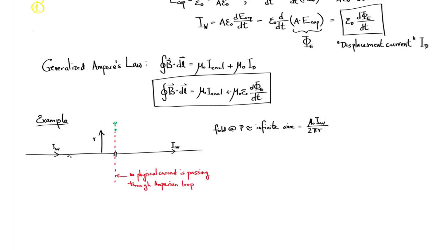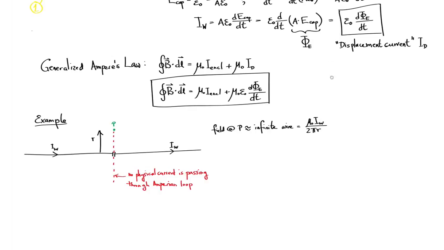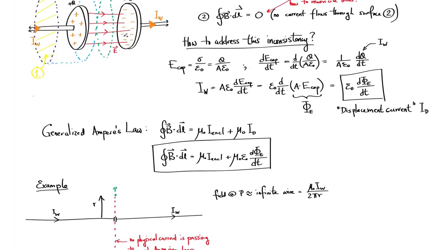So there's no physical current passing through it, but we know that basically the current should be something like that. We actually calculated earlier that I_W is equal to epsilon naught d phi_E dt. That's the flux through that loop here.